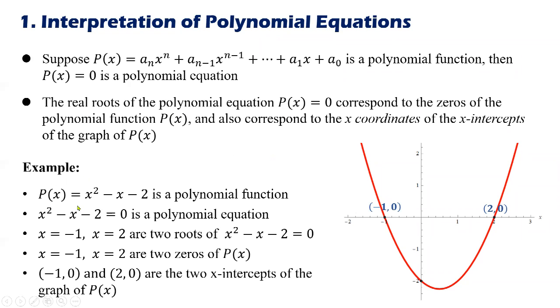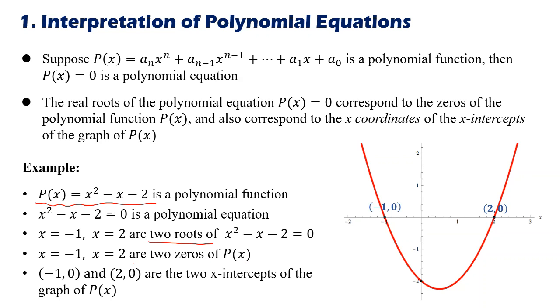So for example, if p(x) is x squared minus x minus 2, if this is a polynomial function, then p(x) = 0, which is x squared minus x minus 2 = 0, is a polynomial equation, right? And note that x = -1 or x = 2 are two roots of x squared minus x minus 2 = 0. Then x = -1 and x = 2 are two zeros of p(x), right?